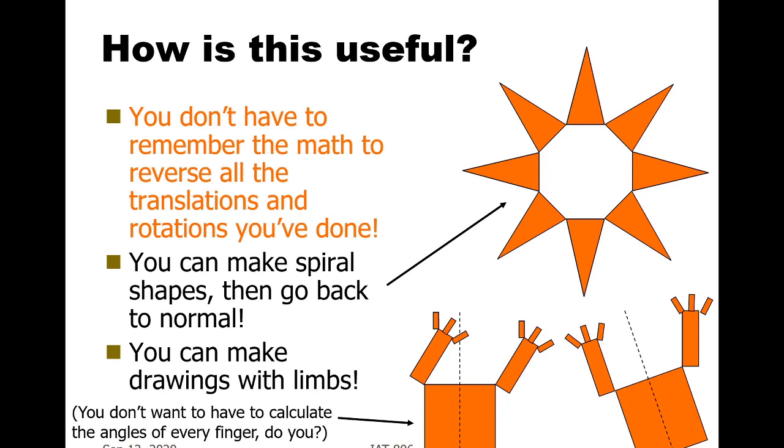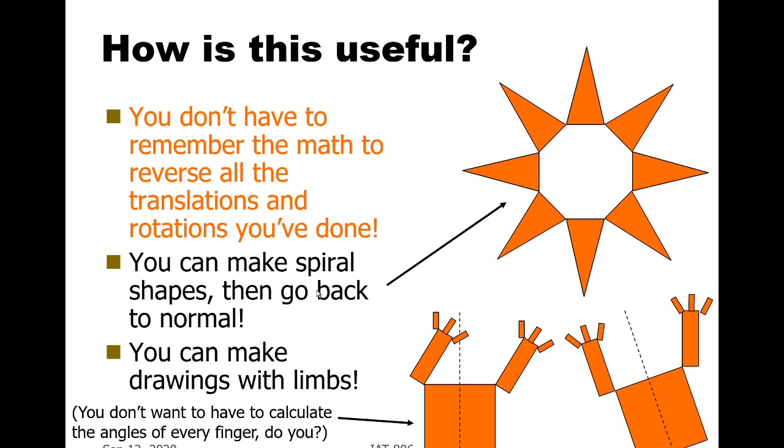This matrix stack is doing that storage for you and taking care of all of the details. And what I've said in orange is you don't have to remember the math and remember how to reverse transformations that you've already done. Storing things on the matrix stack through pushMatrix and popMatrix does that for you.